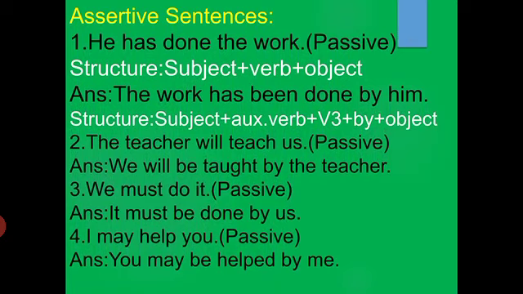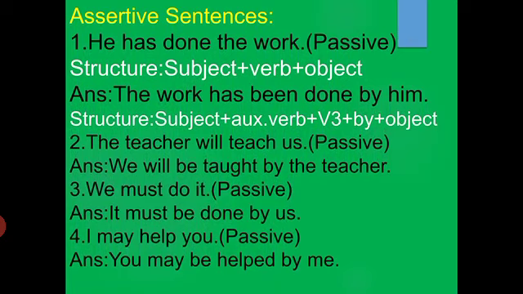Assertive sentences. Here is a sentence. He has done the work. You have to make it passive. And the structure is subject plus verb plus object. Dear viewers, the answer is the work has been done by him.